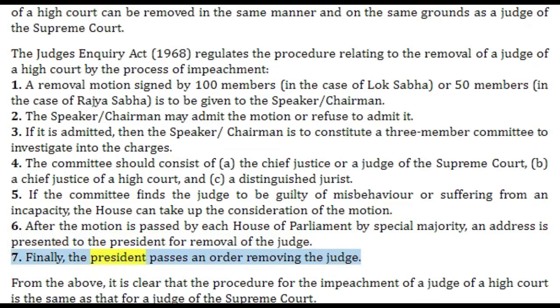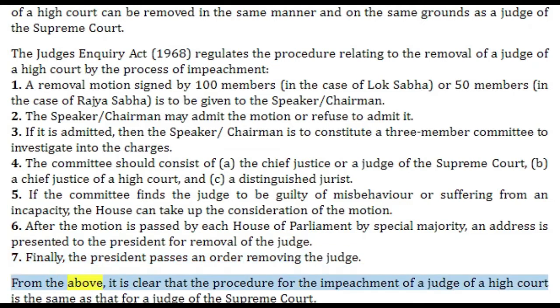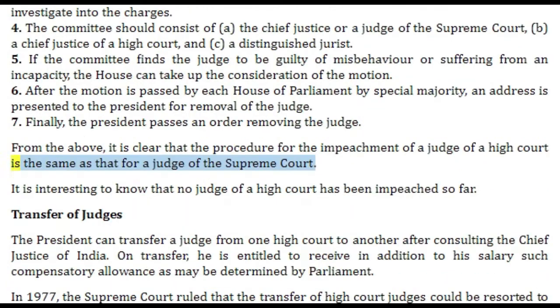Finally, the President passes an order removing the judge. From the above, it is clear that the procedure for the impeachment of a judge of a high court is the same as that for a judge of the Supreme Court. It is interesting to know that no judge of a high court has been impeached so far.